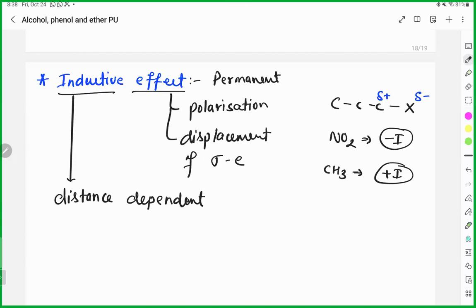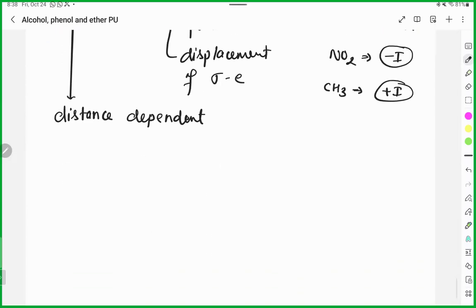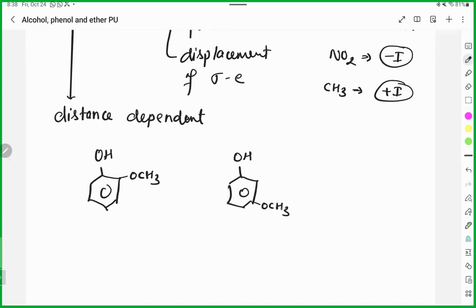The more distance you go, the less inductive effect will be there. Example, if you take the same situation, you have this OCH3, this OCH3 meta, and this OCH3 para.